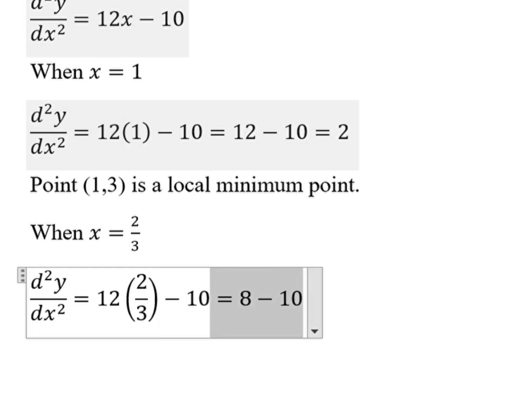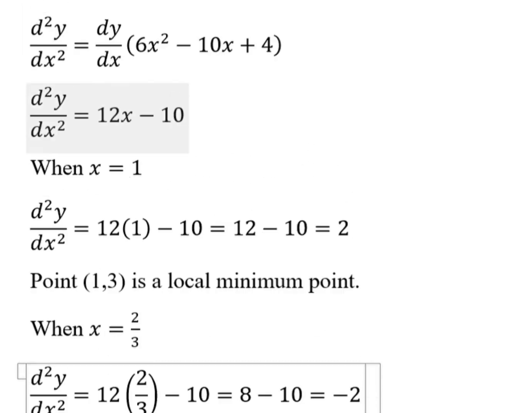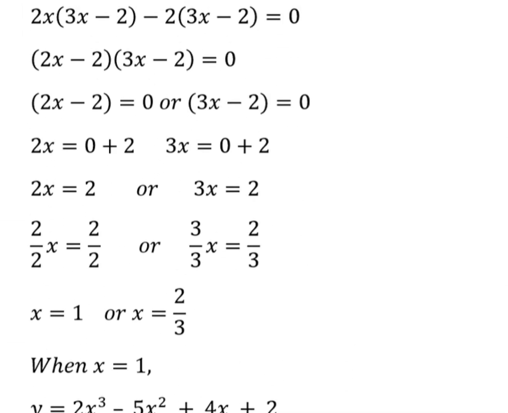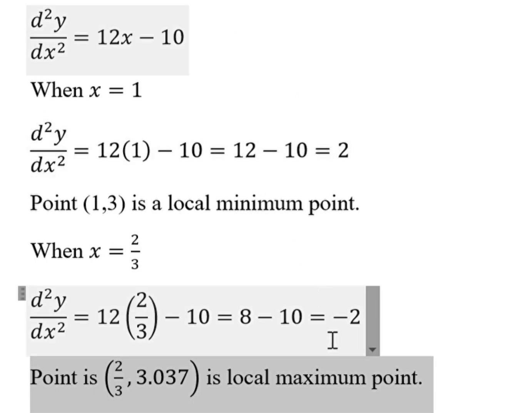And if you do that, you'll get it giving you 8 minus 10, which is negative 2. We said that if you get a negative value for the second derivative, it means that's a local maximum point. So that means that this point is a local maximum point.